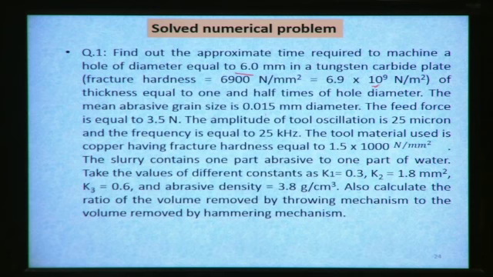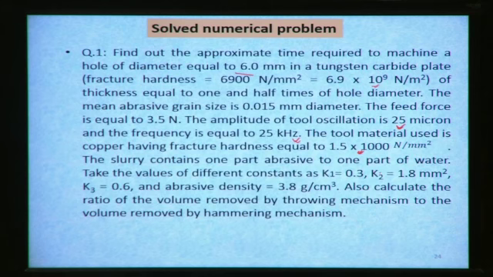The mean abrasive grain diameter is 0.015 mm. The feed force, the average force to the tool, is 3.5 Newton. The amplitude of the oscillation is 25 micron and the frequency is 25 kilohertz. The tool material is copper having a fracture hardness of 1.5 into 10 to the power 9 Newton per meter square.